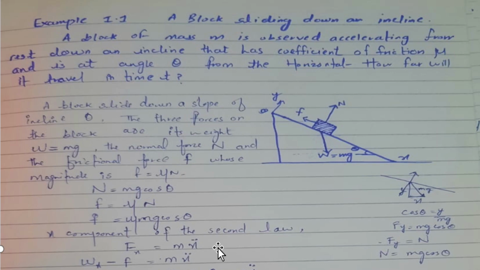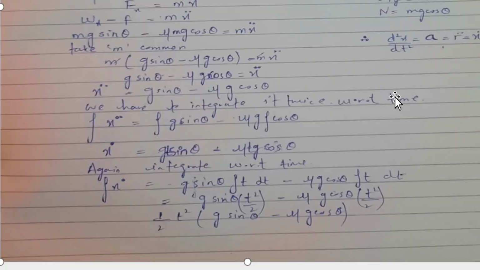You can write acceleration as the second derivative of x with respect to time. You can write acceleration in different forms, like these given.